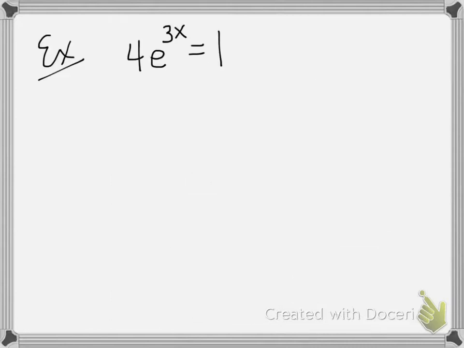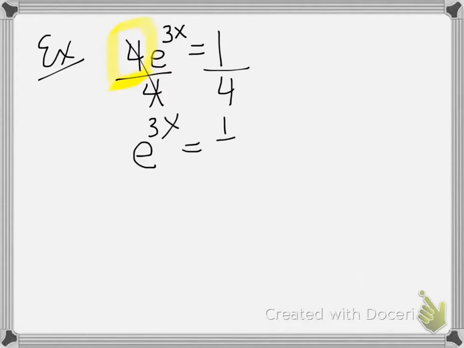Alright, let's try this one. 4e to the 3x power equals 1. We have a little bit of a problem here because we have a 4 now. Remember, this 4 is a coefficient. So to get rid of e, we have to use ln, but we can't have anything in front of the e. So the very first thing I have to do is divide both sides by 4 so that e is the only thing on the left side of my equation.